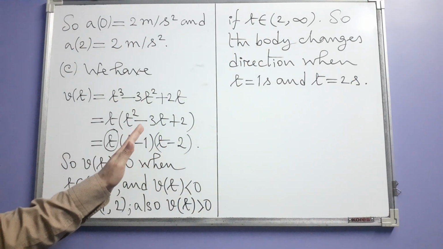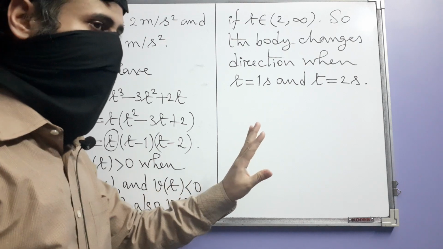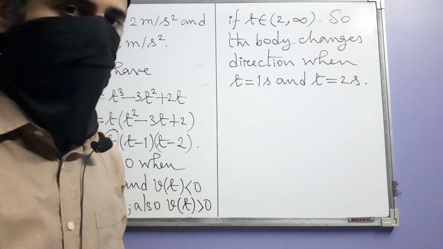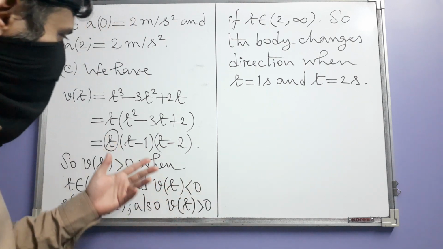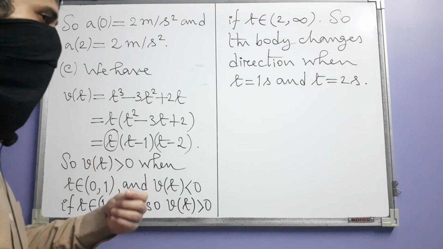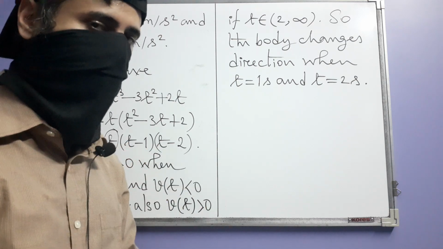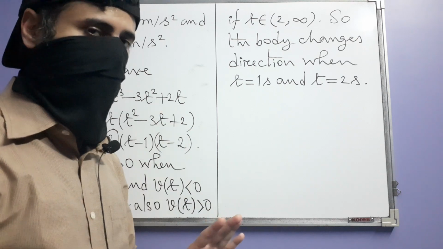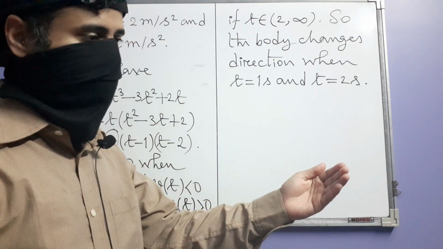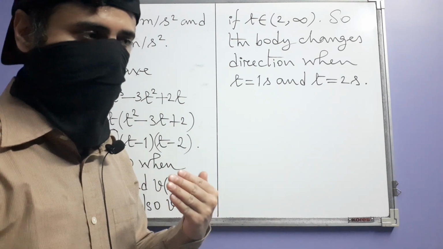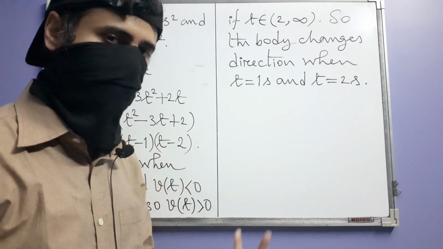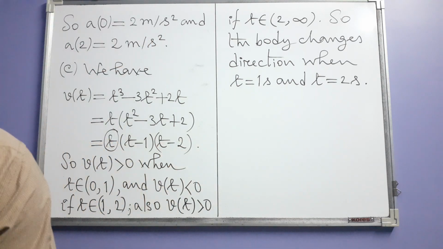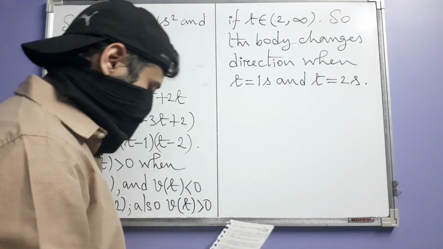The other exercises do not have change of direction. In them you will see that your v of t is either always positive or always negative. So in those types of motions, it either is continuously coming towards you or it's just going away without ever changing direction. So that's the solution.